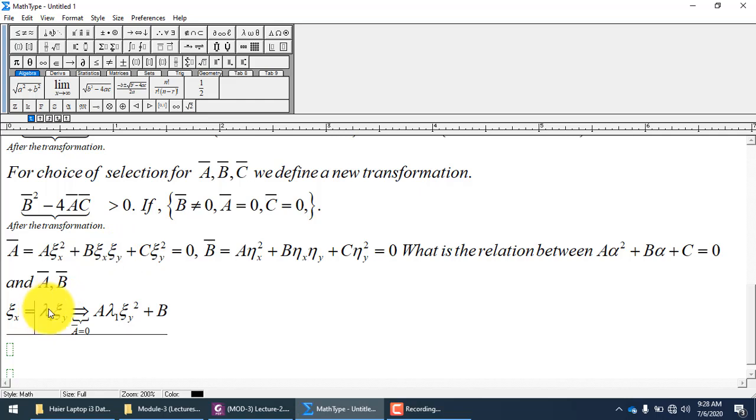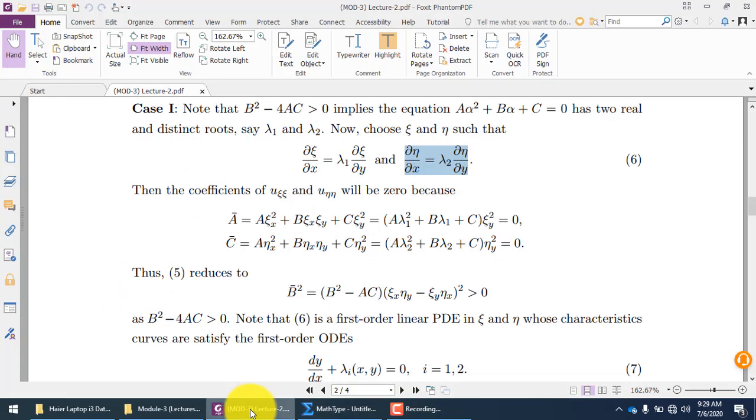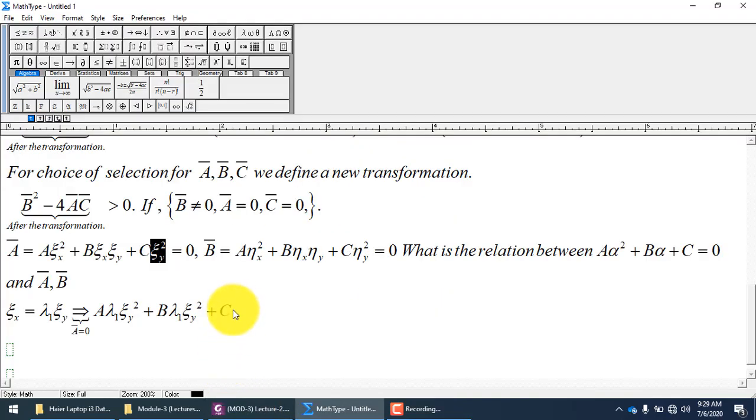So it will become again lambda 1 xi y square, plus c xi y square, equal to 0.